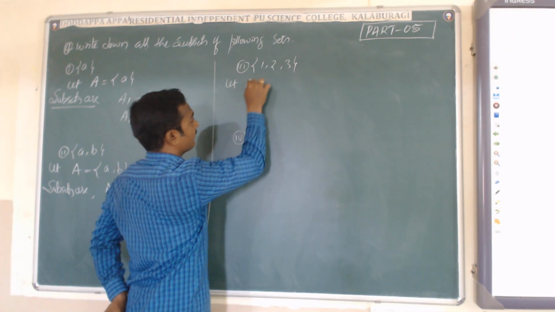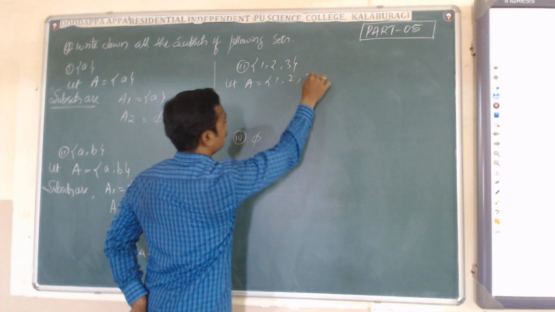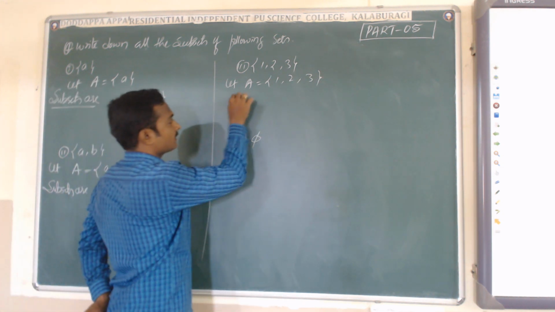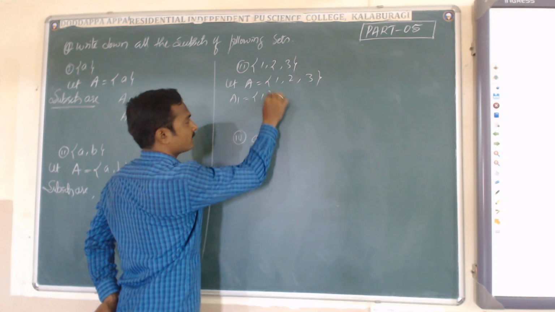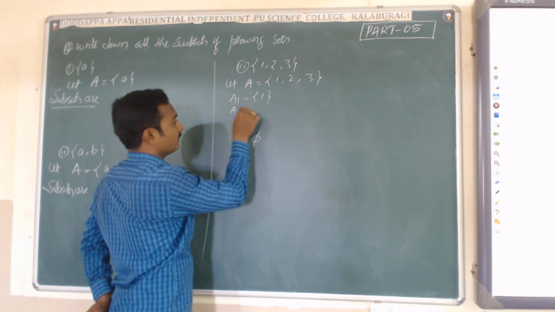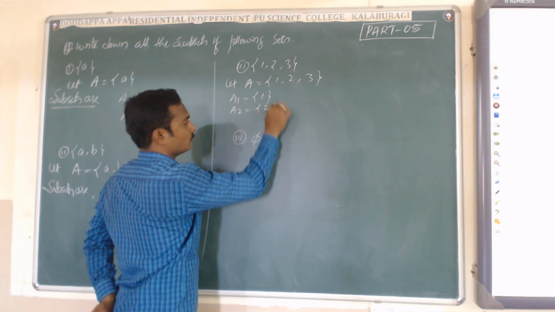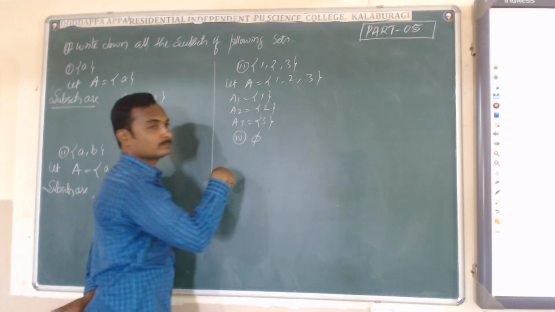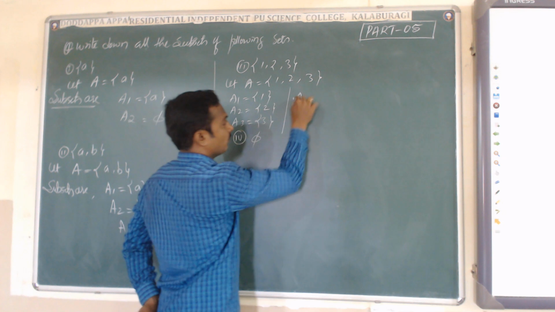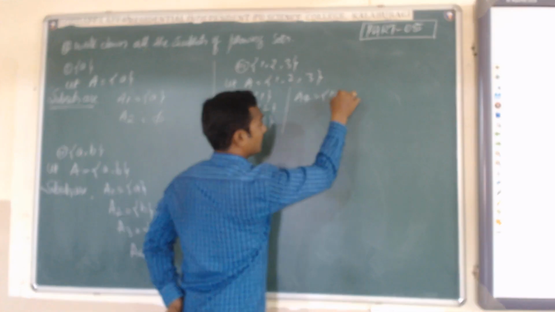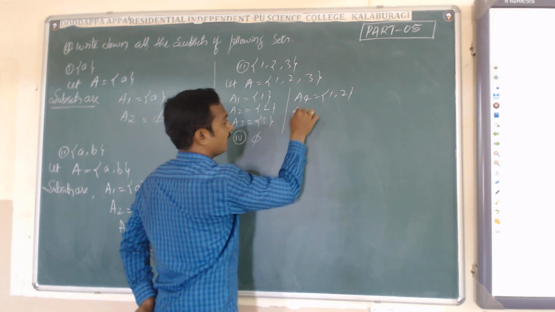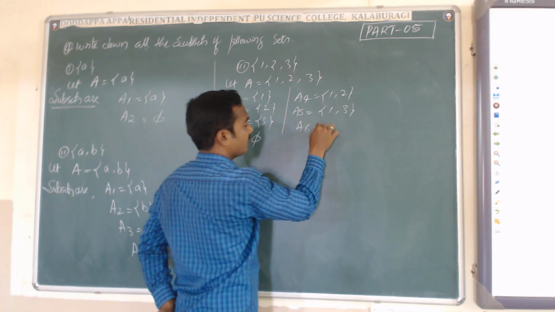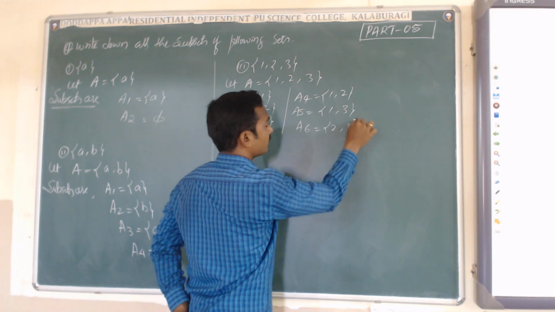The solution is that A equals {1, 2, 3}, and the subsets are A1 which contains 1, A2 contains 2, A3 contains 3. After this, A4 which contains double elements like {1, 2}, A5 {1, 3}, A6 {2, 3}.